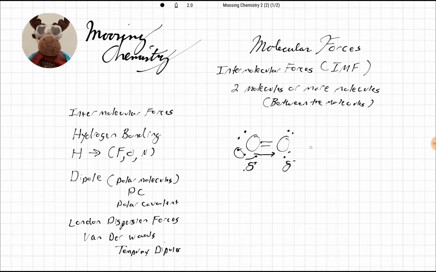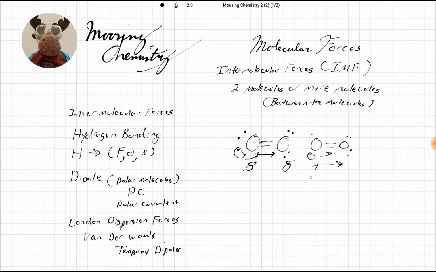And again, you might have another oxygen over here where this oxygen is double bonded up to this oxygen here. And then, of course, if this pair slides that direction, then you have a dipole that's going to look like this.